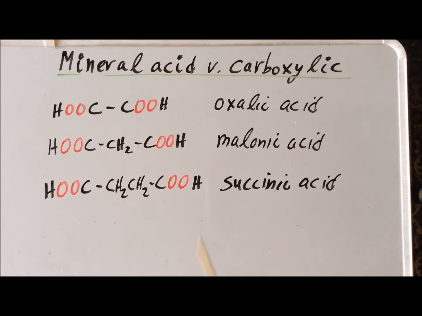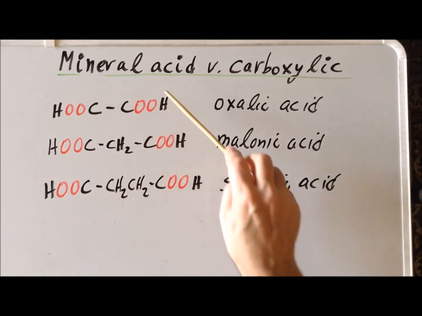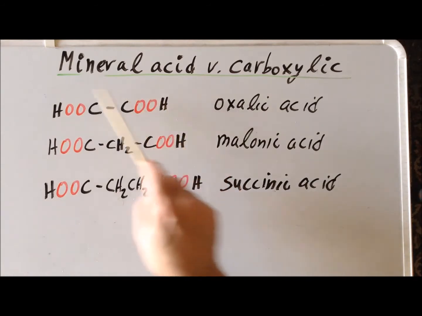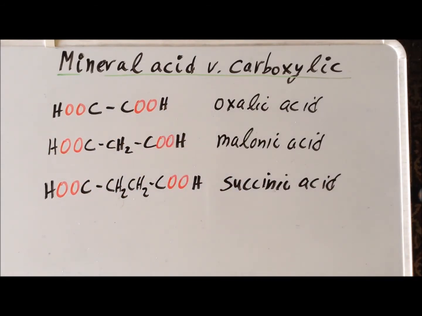There is one further point with the dicarboxylic acids: however much energy it takes to remove the first proton, to give up the first H+, we're removing that from a neutral molecule. To remove the second, because these dicarboxylic acids are diacids, they can give up two acidic protons.